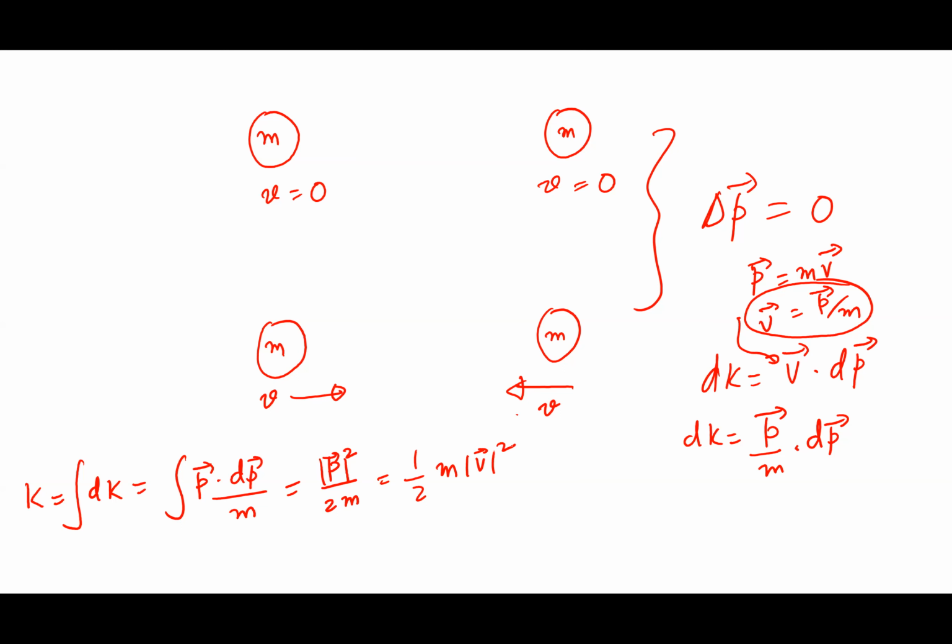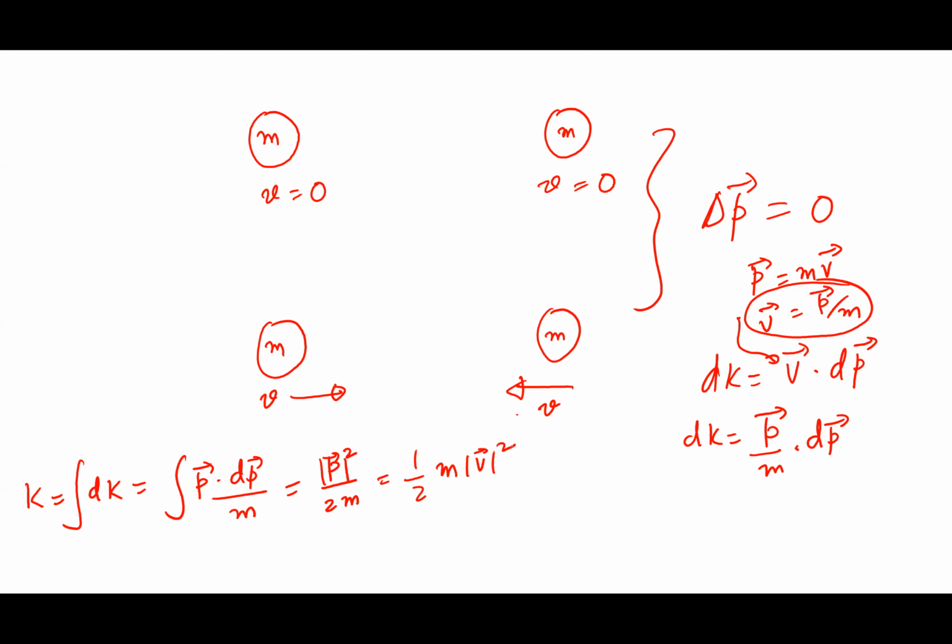Just two different ways of expressing the same thing, p squared by 2m and half mv squared. But the definition is that you're transporting impetus, and this kinetic energy tells you about the activity.